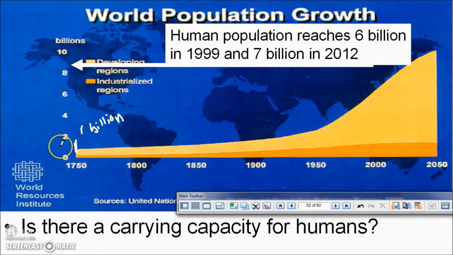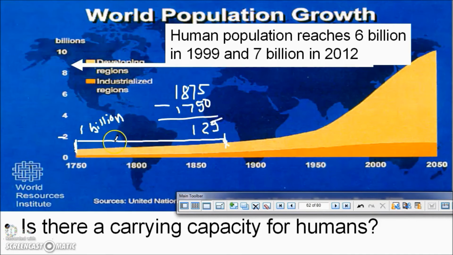To get to our next level, our 2 billion, we're going to have to go quite a distance till we hit about here. So from here, 1750, to roughly 1875. So 1875 minus 1750, we're talking 125 years it took to go from 1 billion people to 2 billion people.